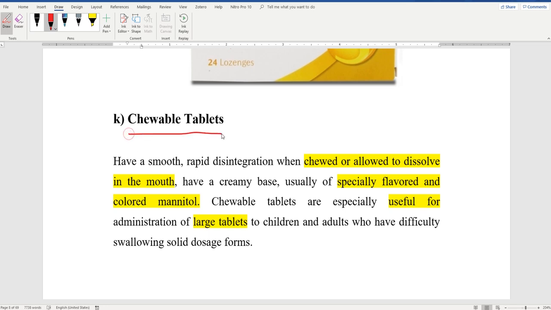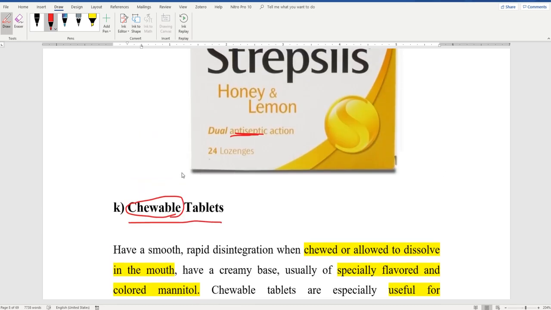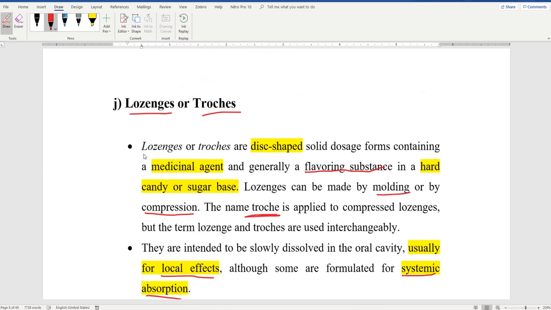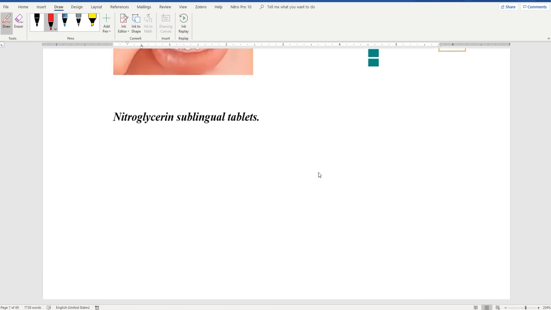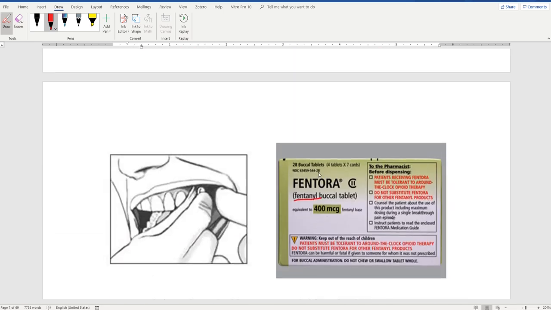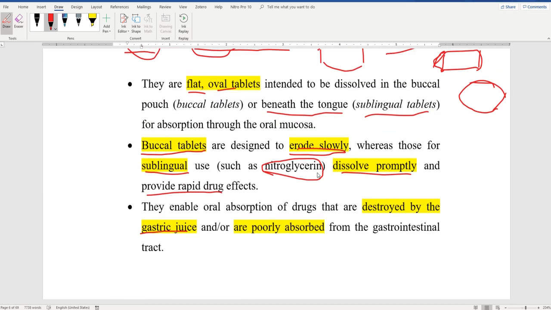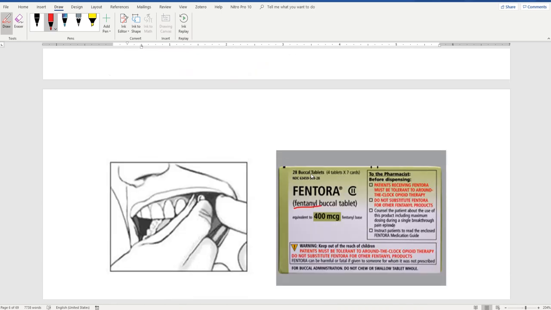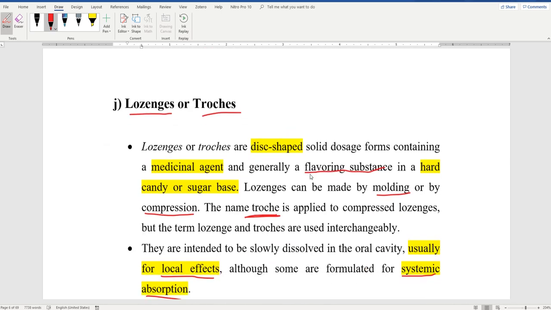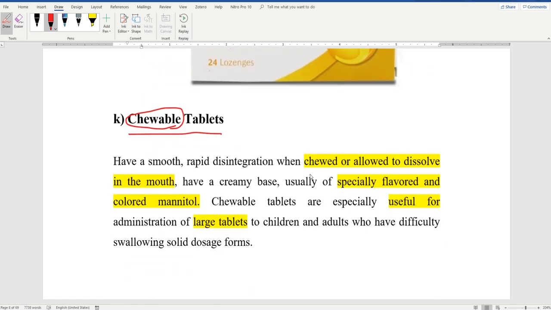Chewable tablets, from the name chewable يعني you chew it في الmouth. معناته, as the same case with lozenges, it has to be sweet and usually flavored. So anything you keep in the mouth, زي حتى اللي هو sublingual والbuccal, usually it needs to be of good taste. So the same thing with chewable tablets.